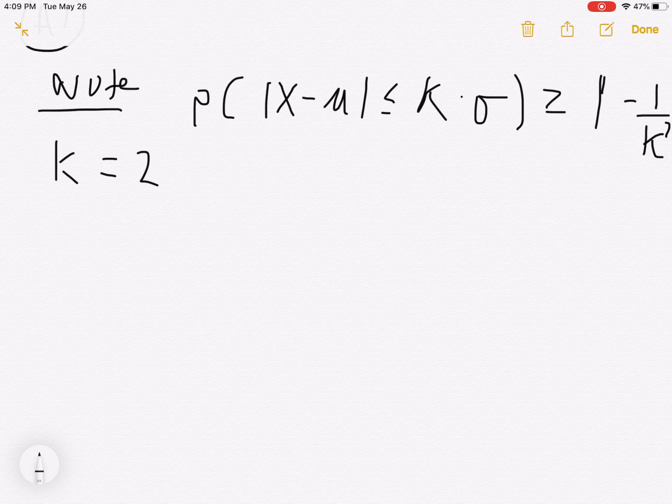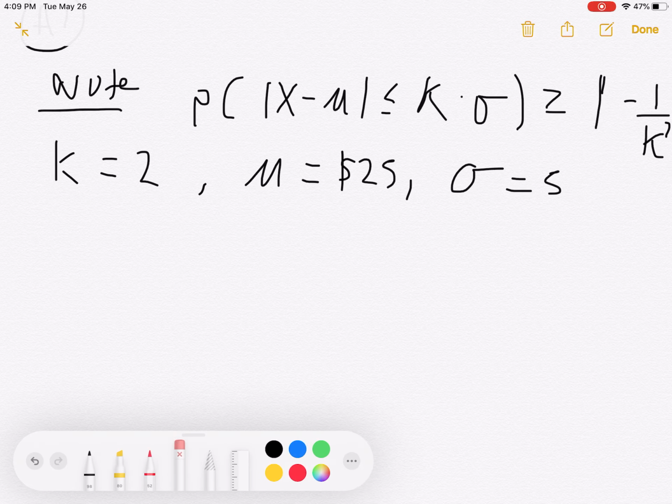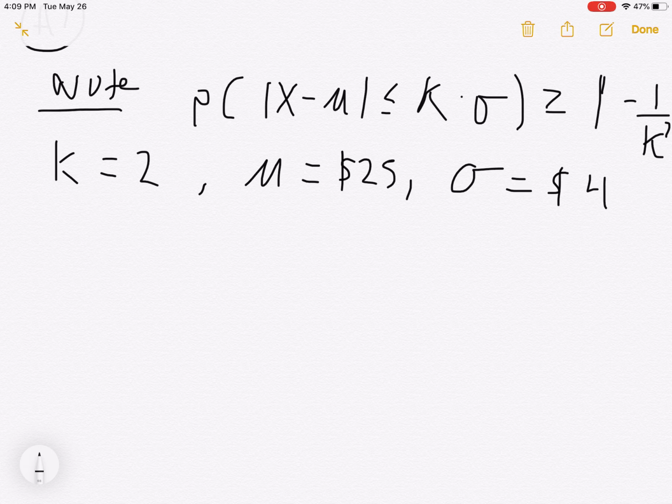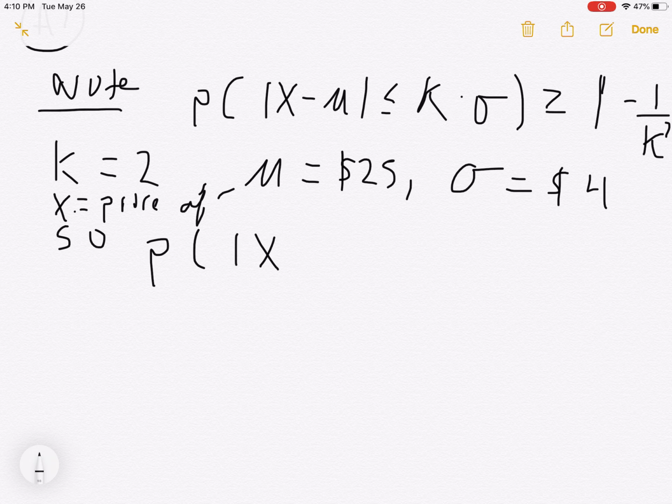Okay, so I know that mu is equal to $25 and sigma is equal to $4. So the probability, the price of stock x, so by the way, x is equal to the price of stock, which no one knows its distribution.